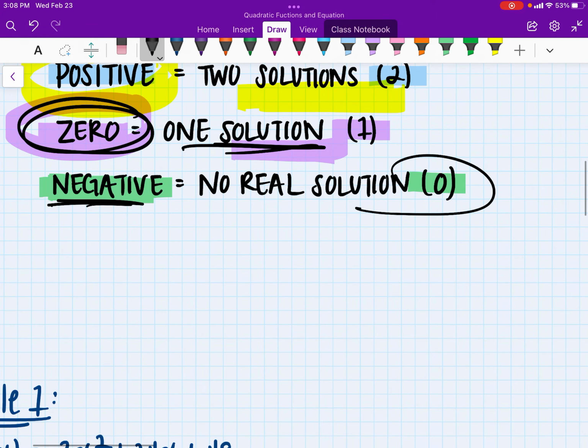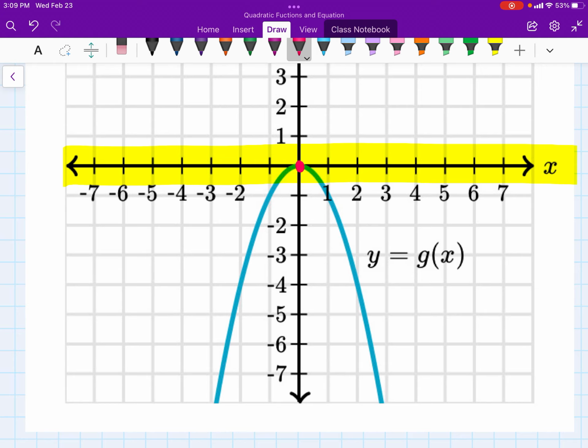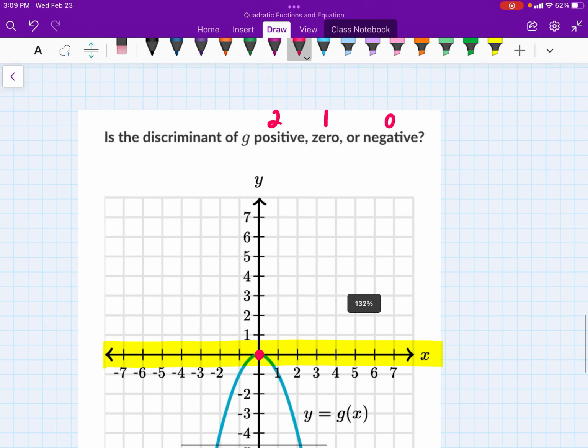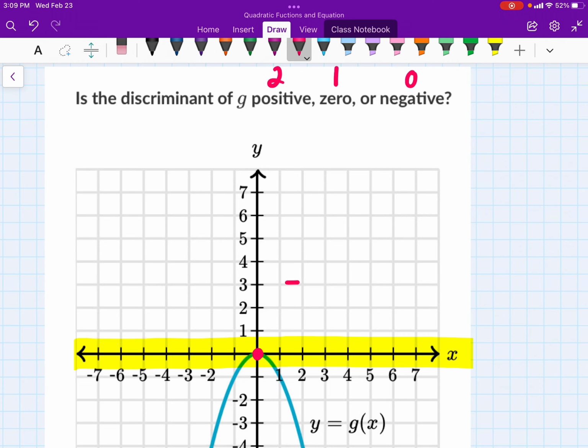It would be 0 if it has 1, and it would be negative if it has no x-intercepts. So once again, it's based on how many x-intercepts we have. So I'm going to highlight my x-axis because that's where I find my x-intercepts. In this graph, it actually crosses the x-axis once at one point. So our discriminant in this case would be 0 because there is only one x-intercept.